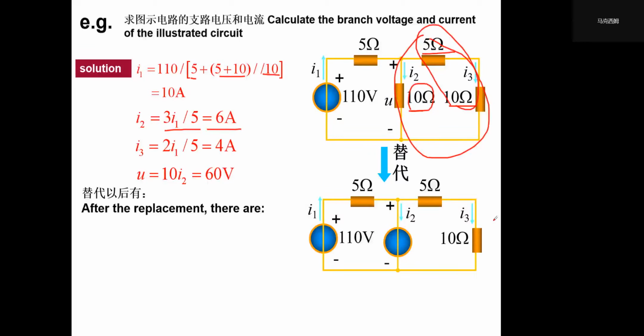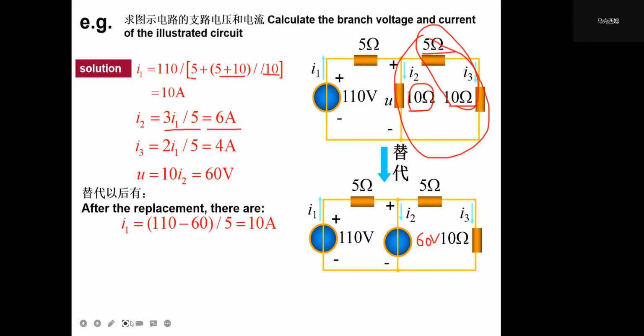If we replace it with a 60 volt voltage source, let's see, I1 is still 110 minus 60, this is 60 volts, and I1 is the same, right?